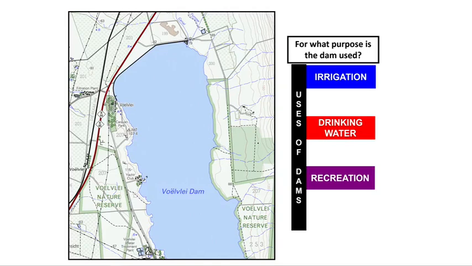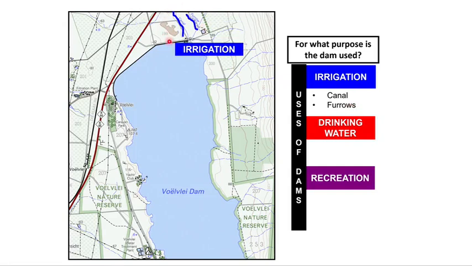Let's have a look. If you know what dams are used for, irrigation, drinking water, recreation, right? Then at least you know these are the three things that this dam can possibly be used for. But how do I know? Let's have a look at this, right? For irrigation, you look for your canals and your furrows. If you see that, look at that there. Here you see both of them.